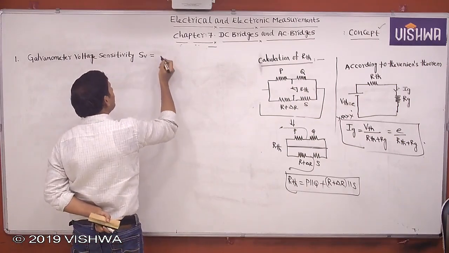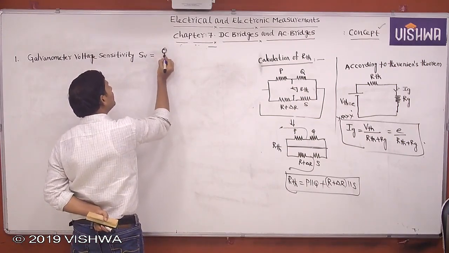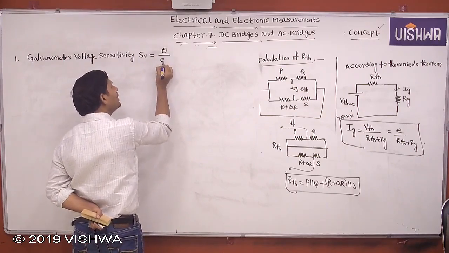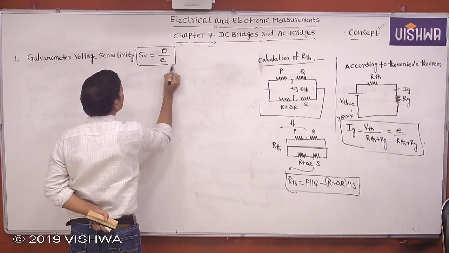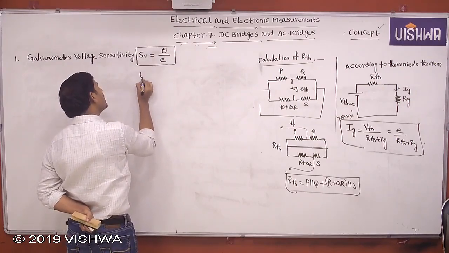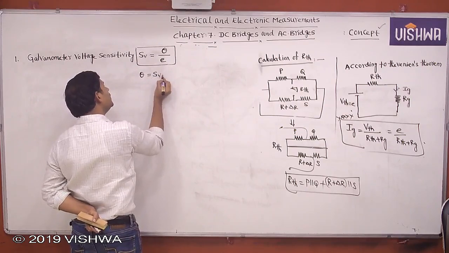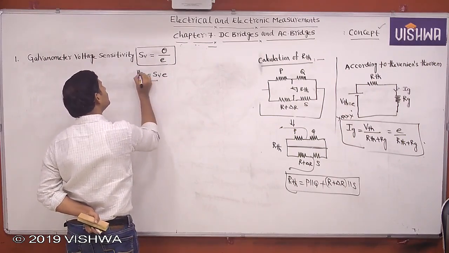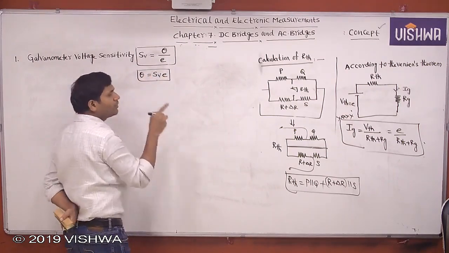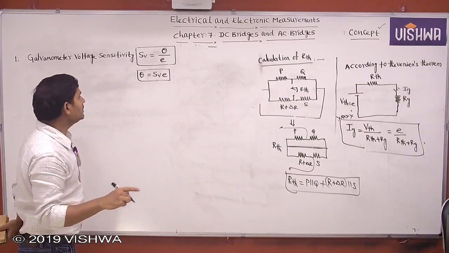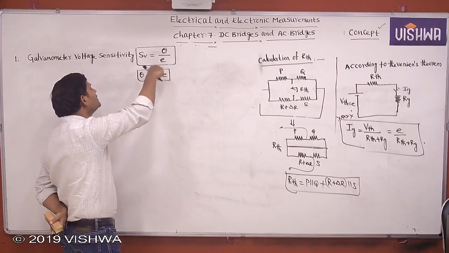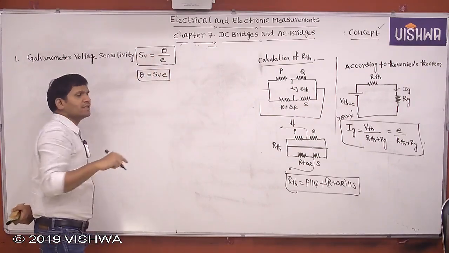The fundamental formula is deflection per change of voltage across the galvanometer, which is nothing but the voltage sensitivity of the galvanometer. Now from this, theta equals SV into E, where theta is the deflection of the galvanometer and E is the voltage across the galvanometer. That means deflection per change of voltage across the galvanometer is nothing but the voltage sensitivity.